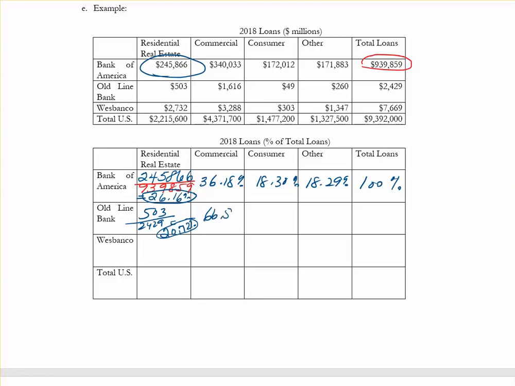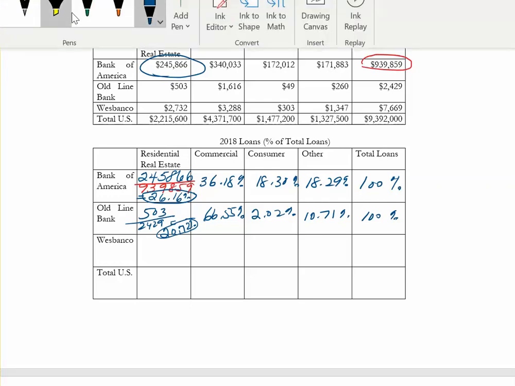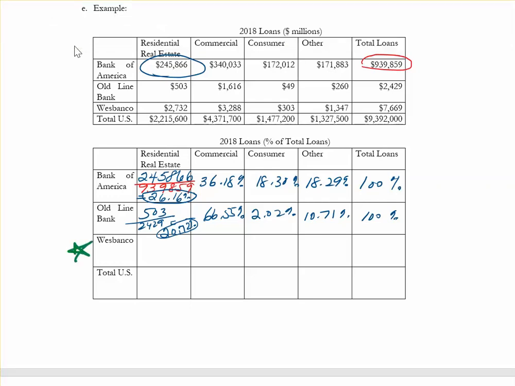That's 6.55%. 49 divided by 2429 is only 2.02%, and then 260 divided by 2429 is 10.71%, and again they'll sum up to 100% of the loans. You have to do WesBanco's weights on the quiz, and that's going to feed into calculating the deviation. So I'm going to skip that now.